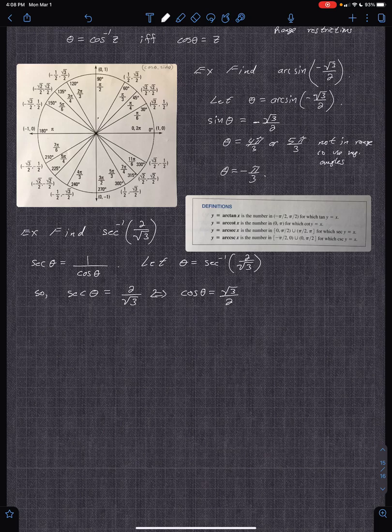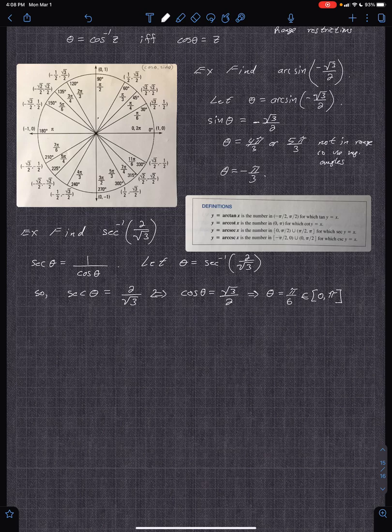So that's pi sixth, which implies theta is equal to pi sixth. And that is in the range for secant inverse, which is 0 to pi, which is what we needed.